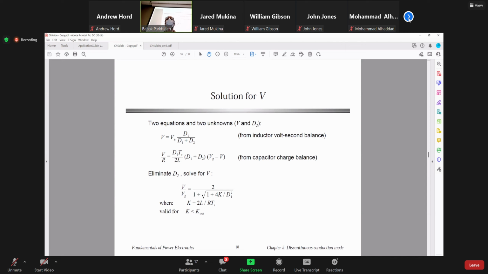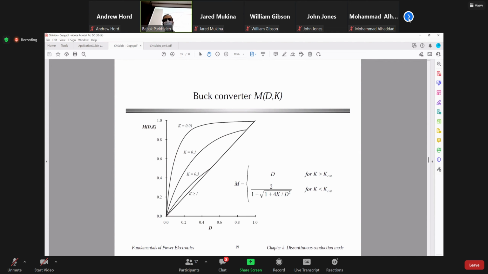Keep in mind that this is only valid for discontinuous conduction mode. In other words, if the actual K, 2L over R Ts, is greater than K critical for this type of converter, then this is not valid. This is only valid for discontinuous conduction, and this is the characteristic.